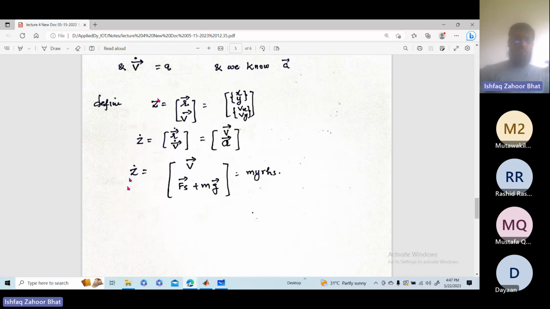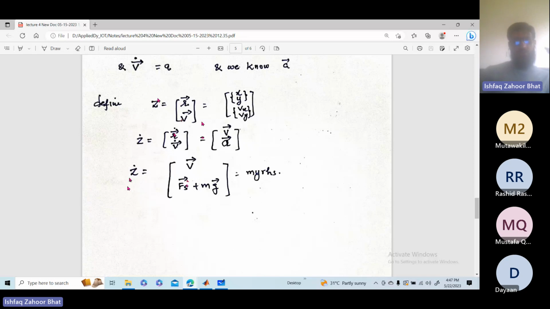initially. But if we have a relation of z dot with z, we can find the initial value of z dot, and then it will keep on integrating, give us the new z. We will put that back into this equation to get the new z dot, integrate that once again. So this will keep going back and forth. First, we have some initial value of z, and a relation between z dot and z.